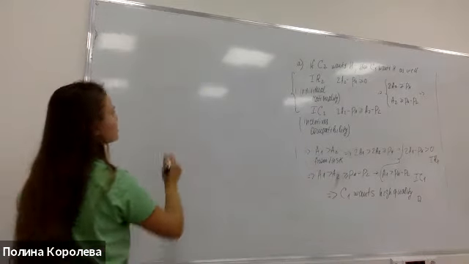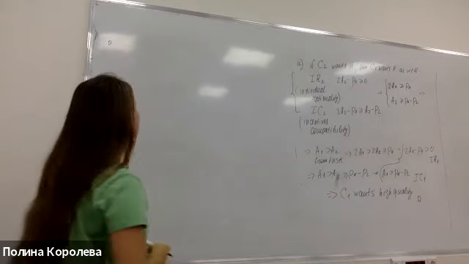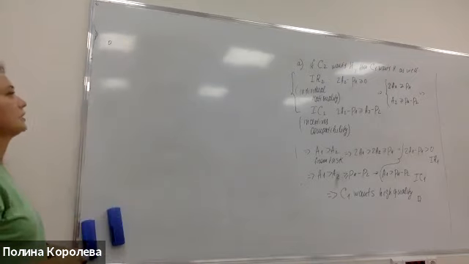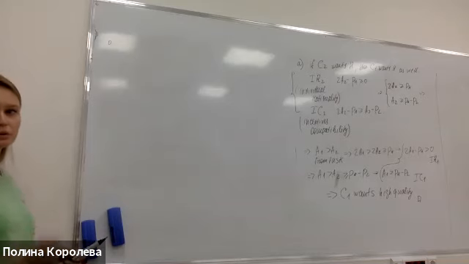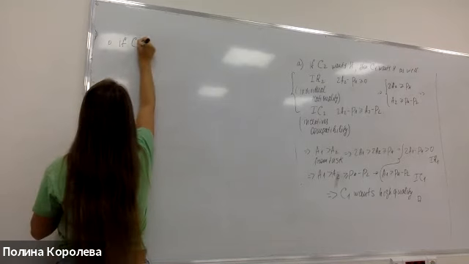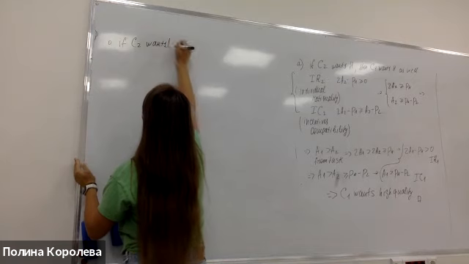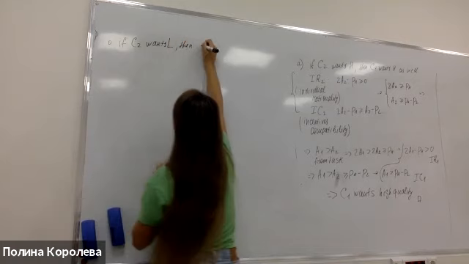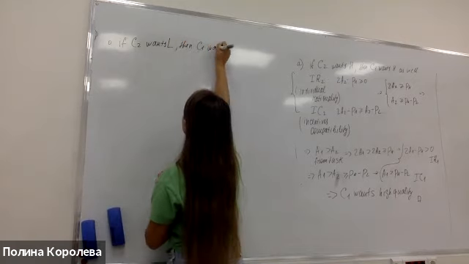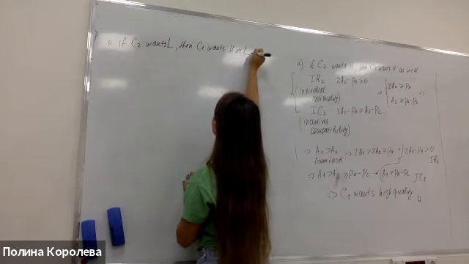One more thing that we can prove from the task. We can prove that if the second consumer wants to buy the low quality good, then the first consumer wants to buy either the high or low quality good. If the second consumer wants low quality, then the first consumer wants high or low.